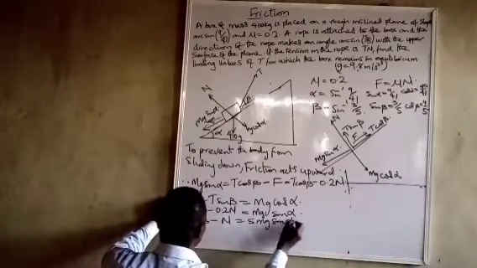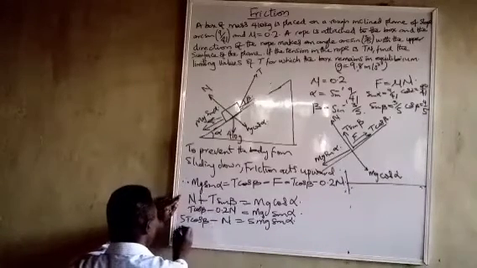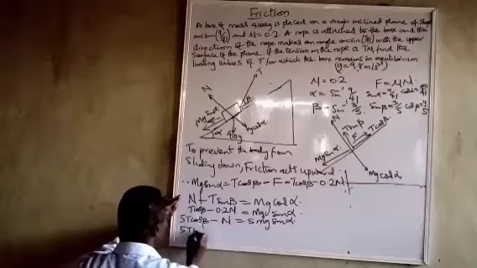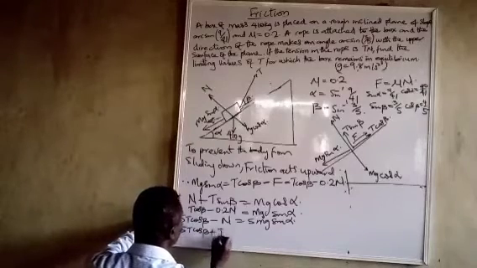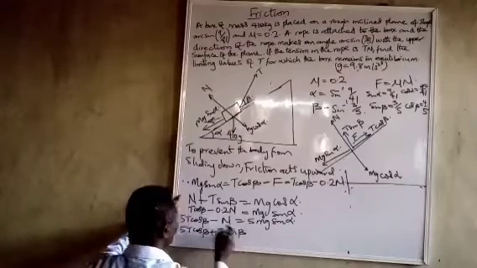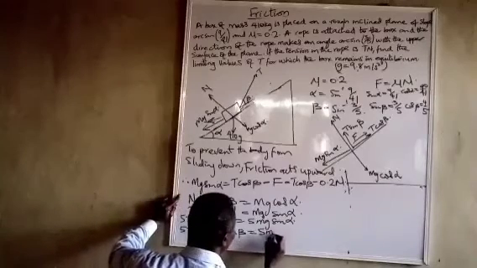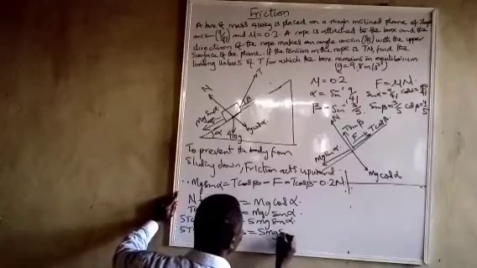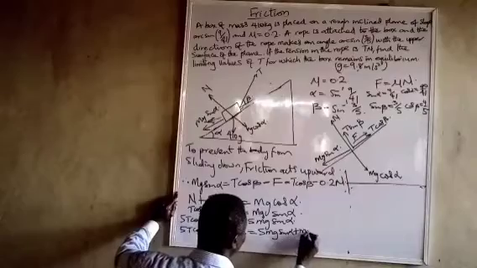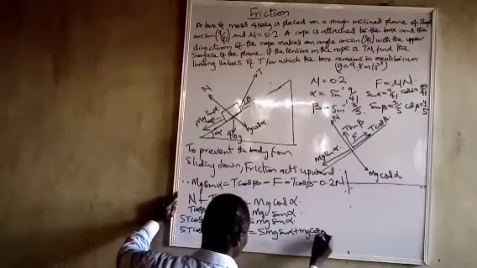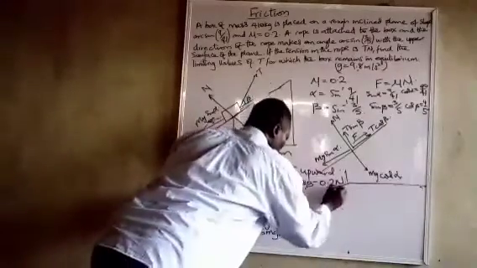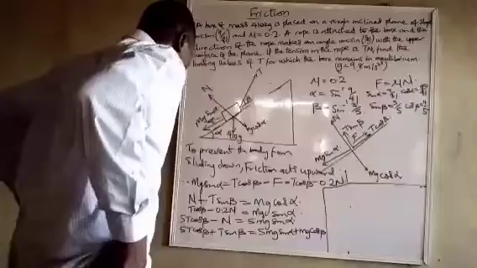So what do I have now? Adding these two, I'm going to have 5T cos beta plus T sine beta. I added to eliminate N. This is equal to 5 mg sine alpha plus mg cos alpha. So from here, I can now factorize.